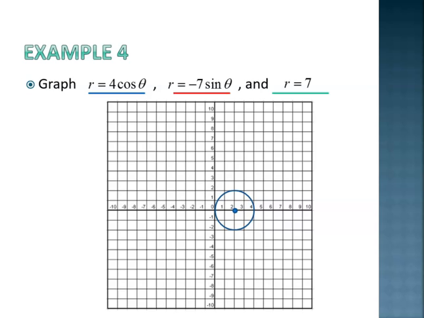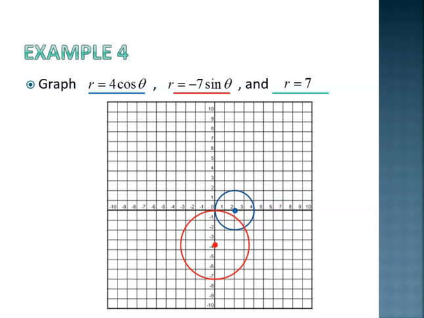Okay, so it's centered at 0, negative 3.5. And then this has a radius of 3.5. All right, so that means it's going to extend all the way out to 0 up at the top, all the way down to -7 at the bottom, and then just extend it out 3.5 to the left and to the right, and draw the best circle that you can.